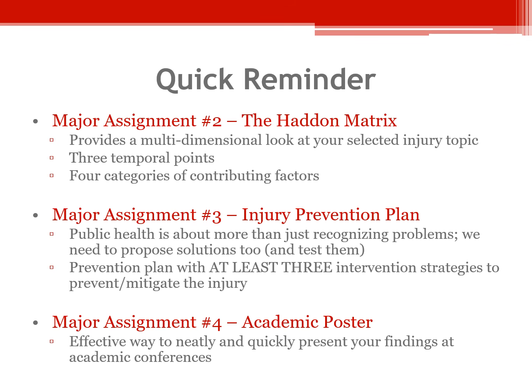There will also be 4 categories of contributing factors that you will put in your matrix. These are human factors, then agent or vehicle factors, physical environmental factors, and finally sociocultural environmental factors. And this will all make sense soon when you see the example.